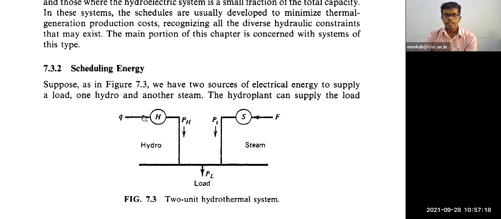Here Q is nothing but the discharge of the water. How much water is being discharged in the penstock is directly proportional to the power being generated.